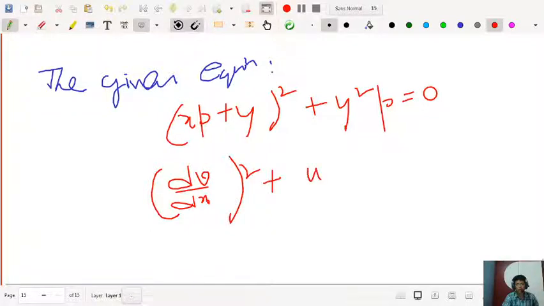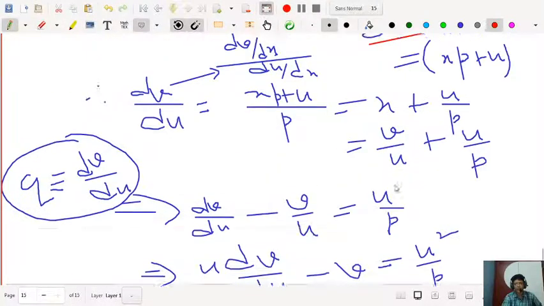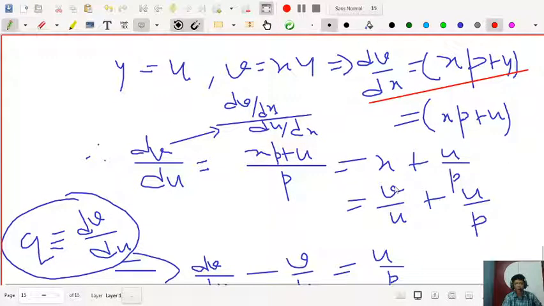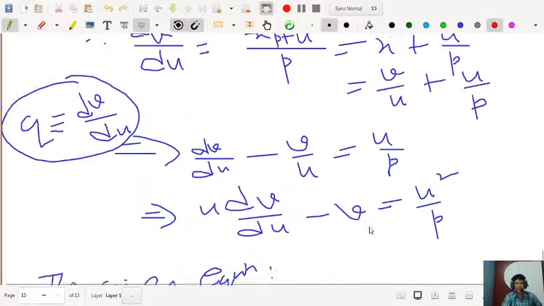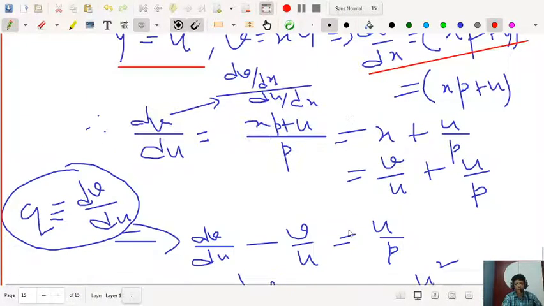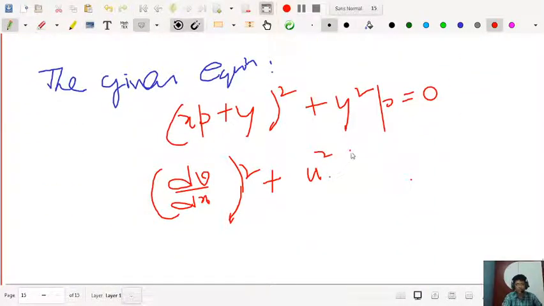Plus y is your u square, and p can be written as du/dx. So you can write (dv/dx) whole square, and y is your u square, and p is your du/dx, equal to 0.